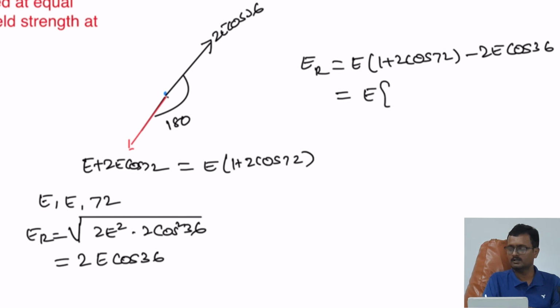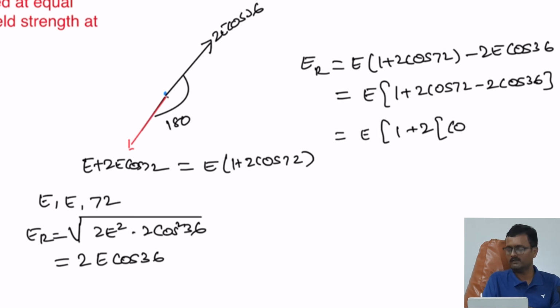Taking E common, we get 1 plus 2 cos 72 minus 2 cos 36.